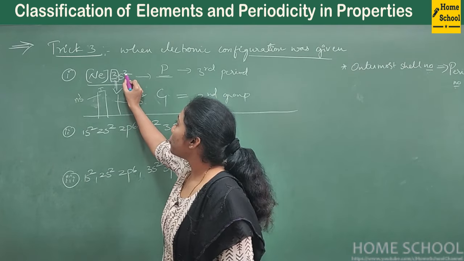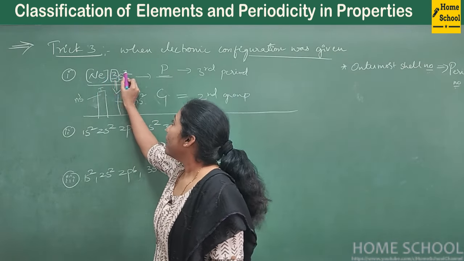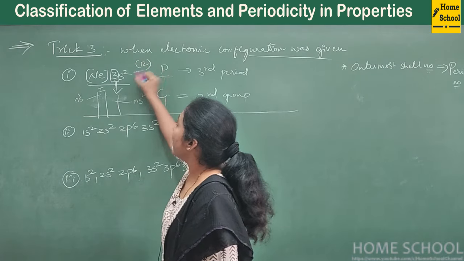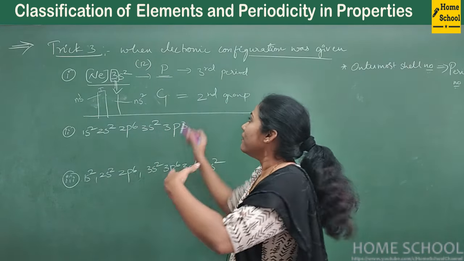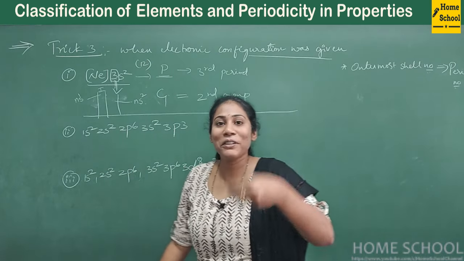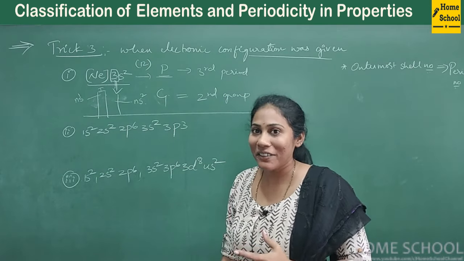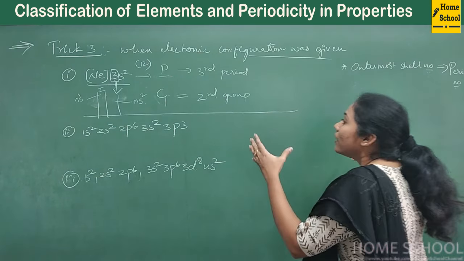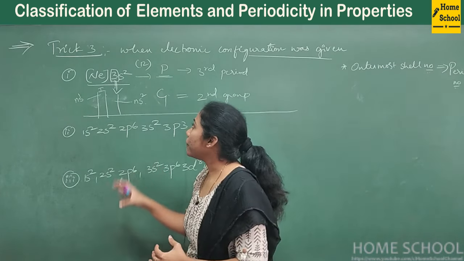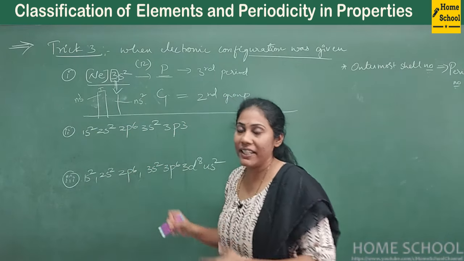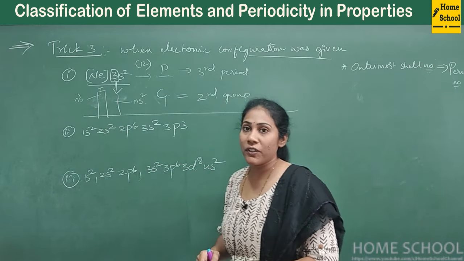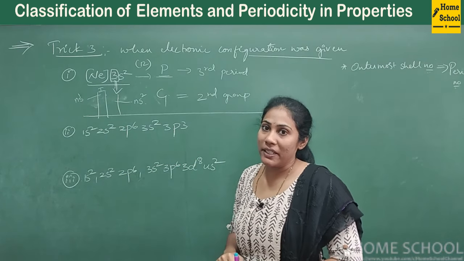Say how many electrons? 2, then neon means atomic number 10, so that means atomic number 12. So this element has atomic number 12. So again, when you know the atomic number, you can use trick 1 and trick 2 here. Okay. So in case you find the group number difficult to identify, you just count all the numbers given in the electronic configuration. So that gives you the atomic number.